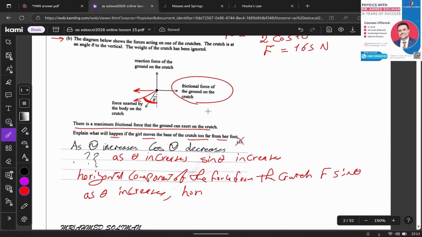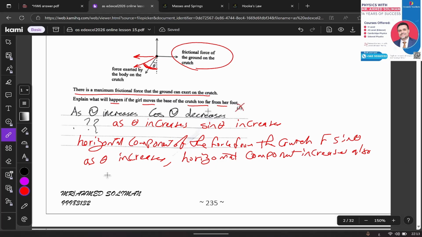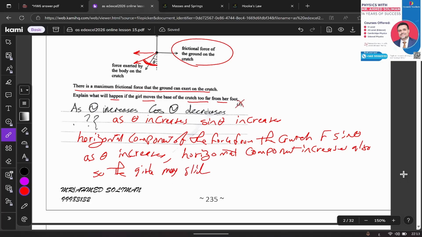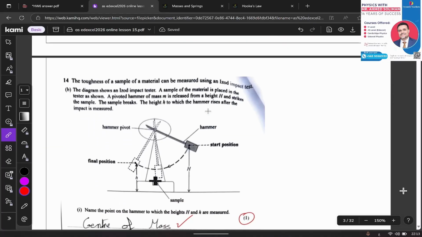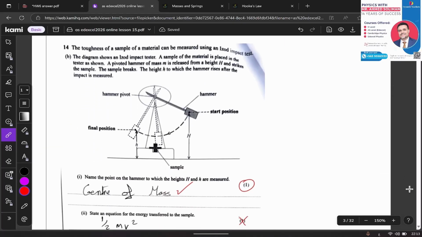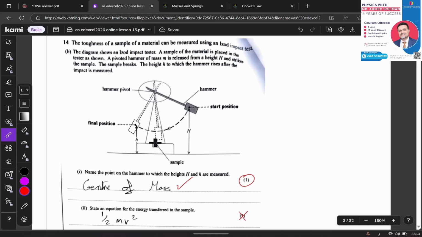Horizontal component increases. Right? Which makes what? Okay. Do you understand, Mirula? Yes. Okay, now about this question.